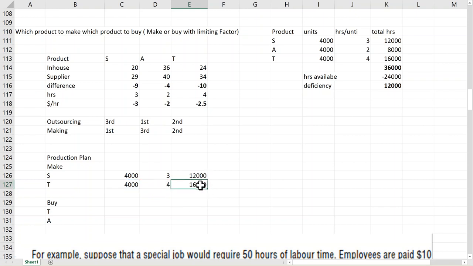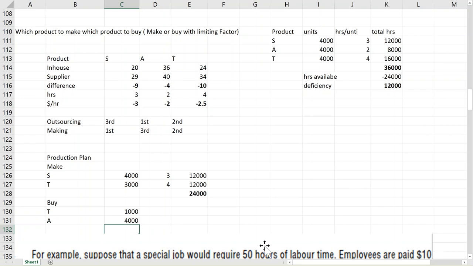So this is 16,000. It means that if we add it together, that limit would be crossed. It is 28,000. So we only have 12,000 hours available. So what we will do is take the hours and divide by the time per unit. It will give us units. So the remaining will be bought. So if 3,000 is made, 1,000 will be bought, and the whole 4,000 units of A would be bought.